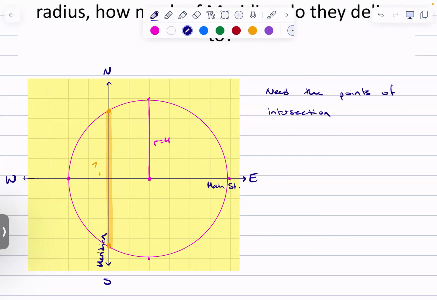But to get the points of intersection, what do I need? I need the equation of the circle and the line, right? So I can set them equal to each other and solve for x and then solve for y or vice versa. And so here, that means we need the equations of the circle and line. It is a line, but it's a really nice line, right?